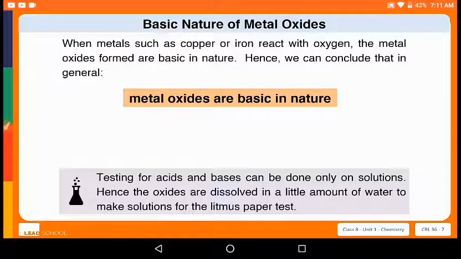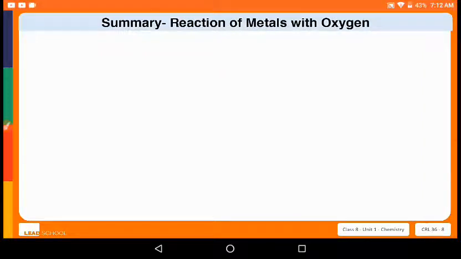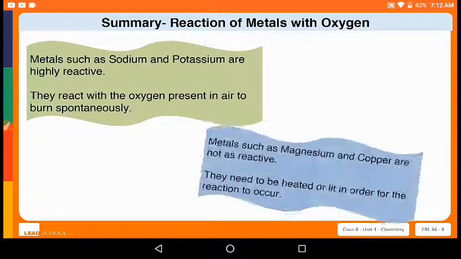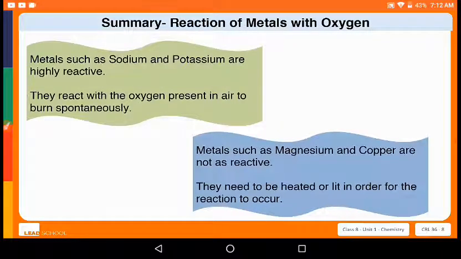Hence, oxides are dissolved in a little bit of water to make the solutions for litmus paper test. Let us summarize what we learned. Metals such as sodium and potassium are highly reactive. They react with the oxygen present in air and burn spontaneously. Metals such as magnesium and copper are not as reactive. They need to be heated or lit in order for the reaction to occur.